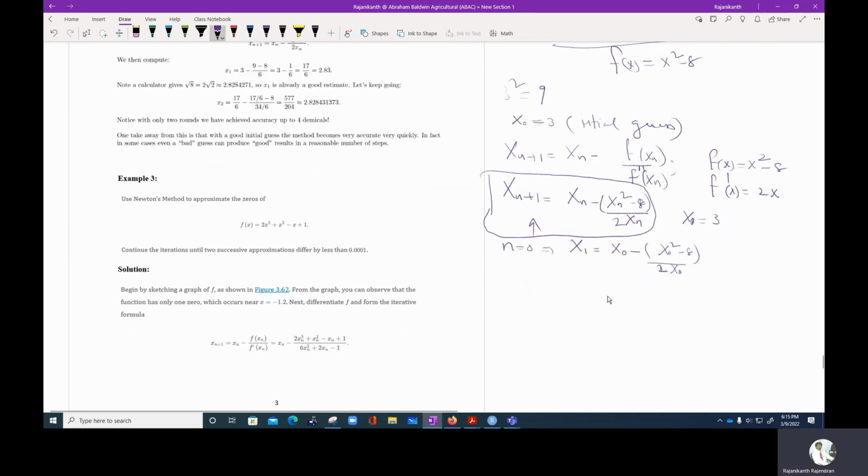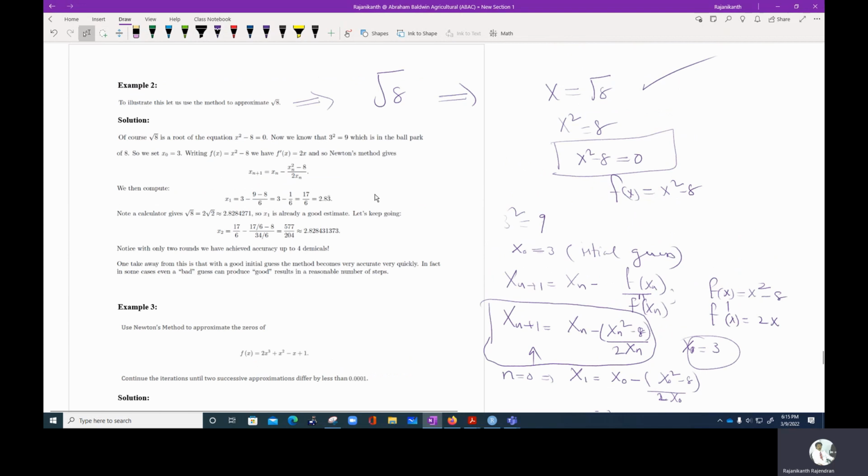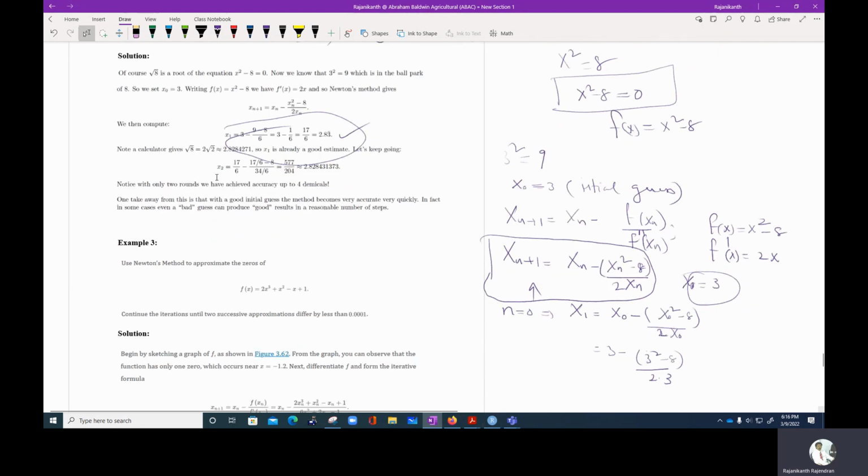So plugging in 3 wherever you have x0, you will get the new x1 value. So that is the step explained here, right? In your note. Look at here. You simplify it, you will find x1, which is 2.83. And now use that value as your initial guess and find x2 and keep on doing.